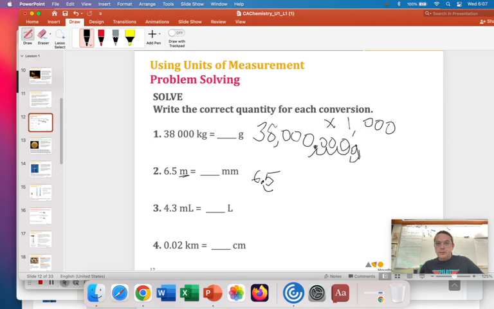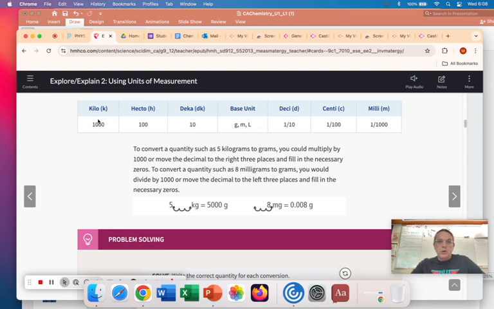So I move the decimal 1, 2, 3 spots for 1,000. So it would be 6,500 millimeters. I want you to memorize in your book what the prefixes are for 1,000, 100, and 10 as you go bigger and smaller. Deci, centi, milli. You should know that by memory.